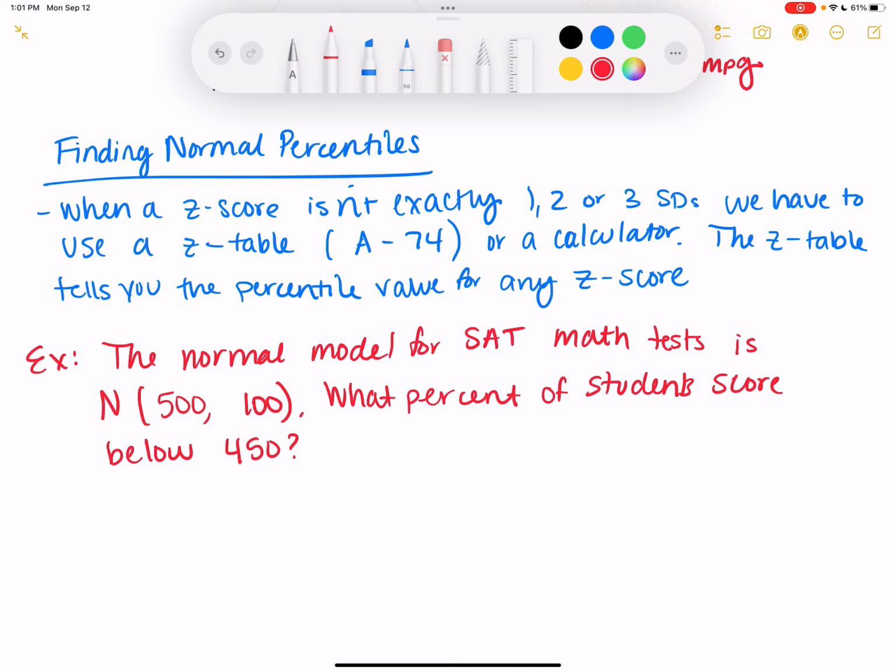So I like to typically try to do a really small sketch off to the side of what I'm looking for, and that's more so going to be helpful when we get to doing it on your calculator, because, let's see, Joelle, you have the newer calculator, right? So yours is going to ask you a different set of questions than mine is going to ask. Yours actually makes it easier.